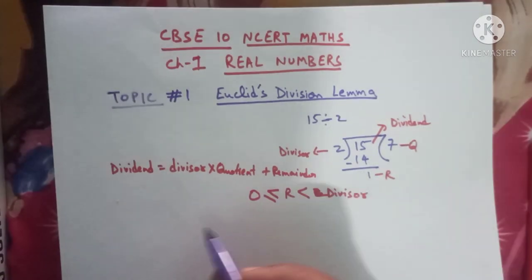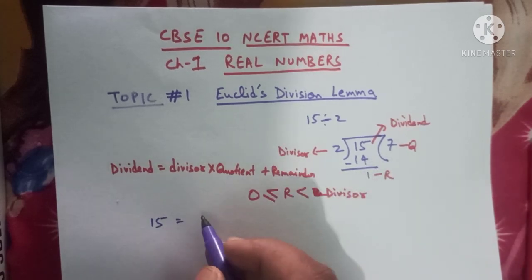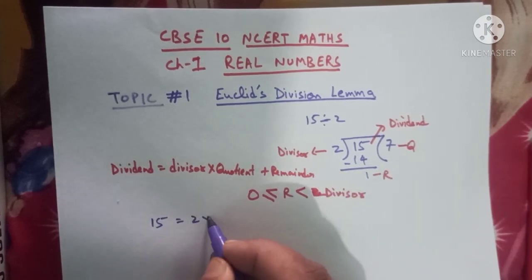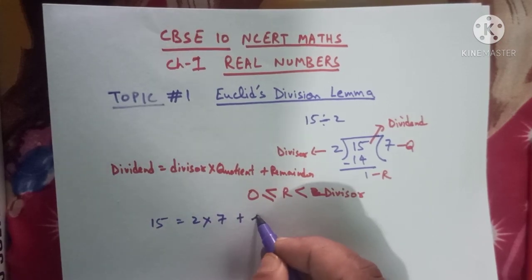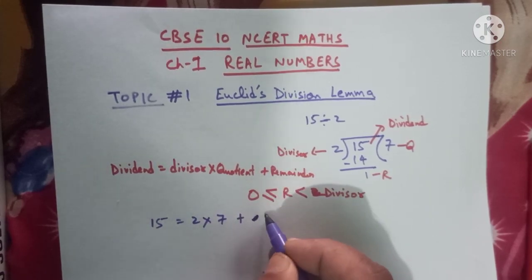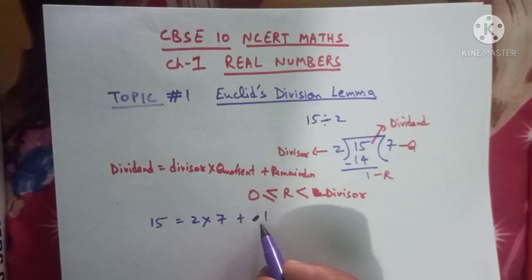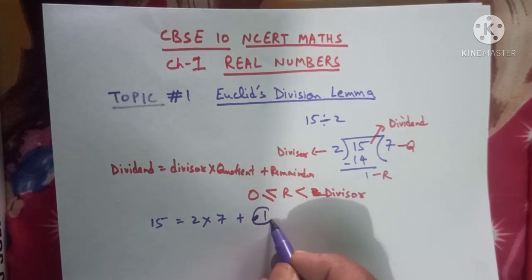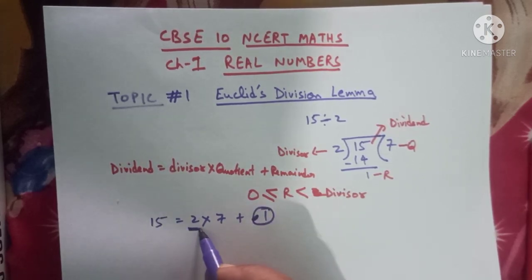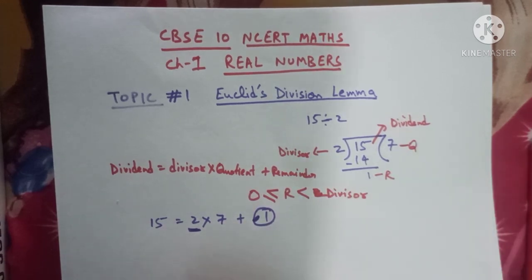Like for example here, dividend 15 is equal to divisor 2 times quotient 7 plus remainder 1. So 15 is equal to 2 times 7 plus 1, and you can clearly see that this remainder 1 is less than the divisor.